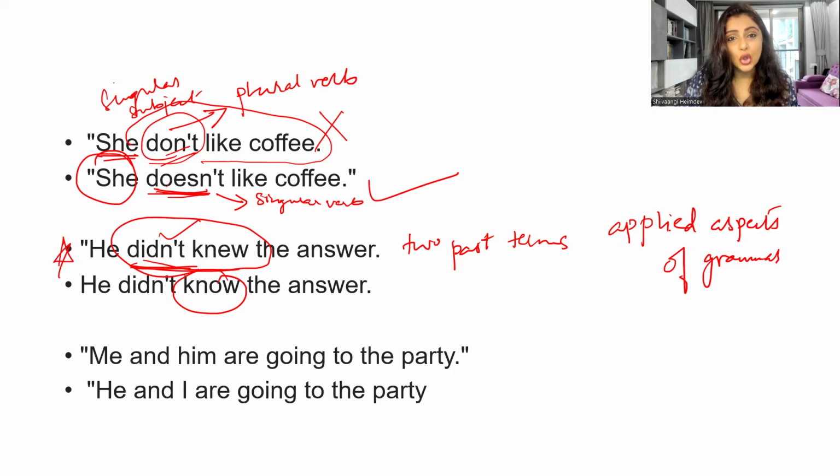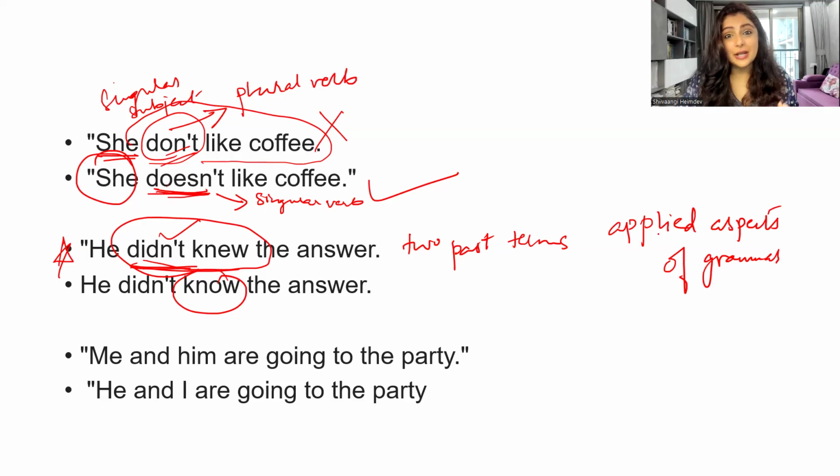We were not taught in school how we are supposed to use correct grammar in our spoken and written English. These errors that I'm pointing out today with the help of these sentences, I'm doing that so you understand that the applied aspects of grammar are important in your daily English.